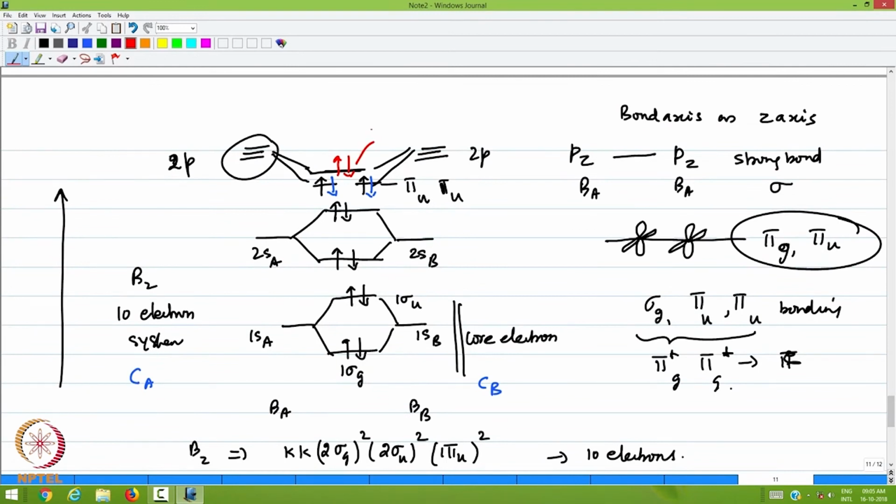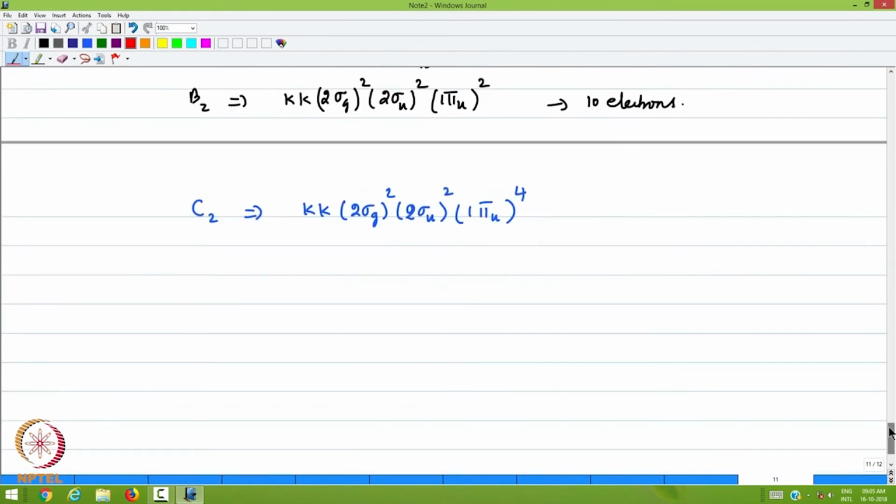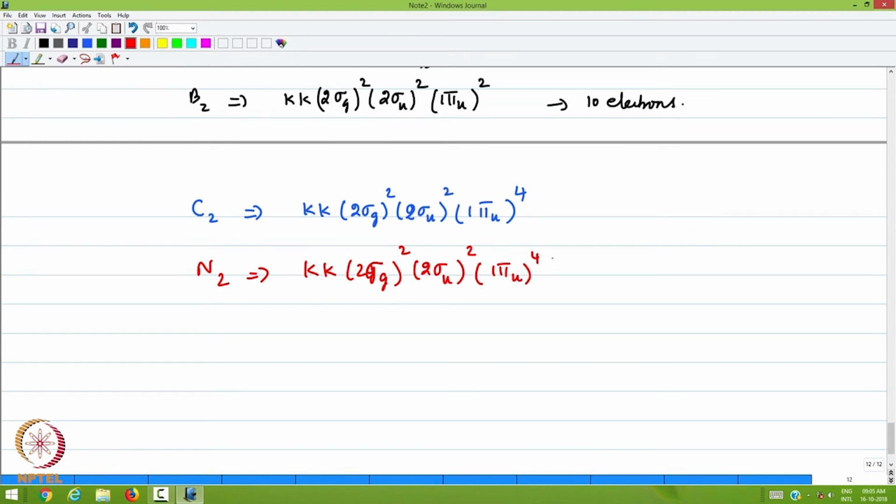This one is 3 sigma g. Okay. Now, this is up to nitrogen: K K 2 sigma g 2, 2 sigma u 2, 1 pi u 4, 3 sigma g 2.